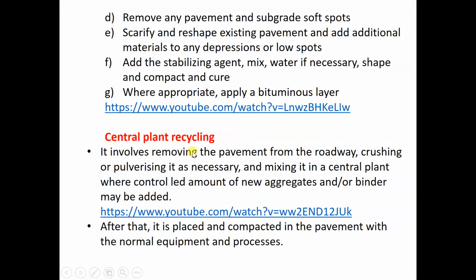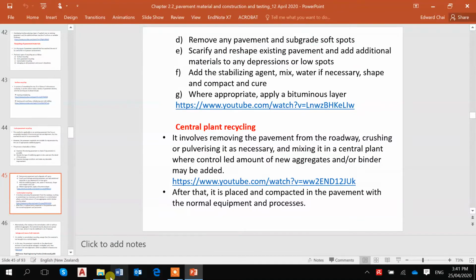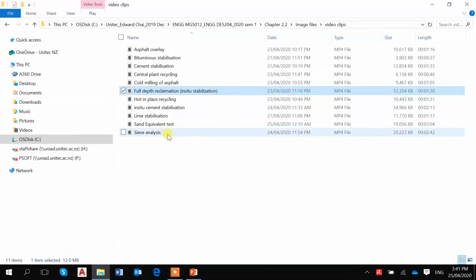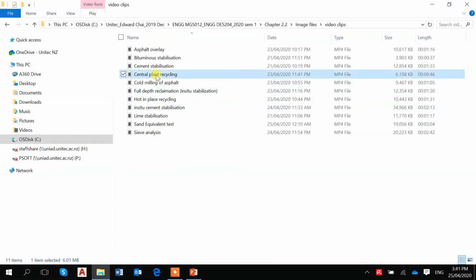For this central plant recycling, it could be more than asphalt. The base course could be included as well. You can bring it to the central plant to be remixed. Central plant recycling.